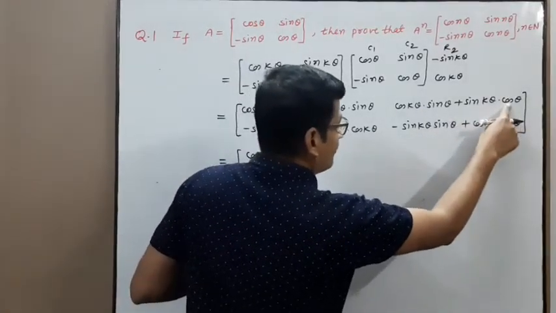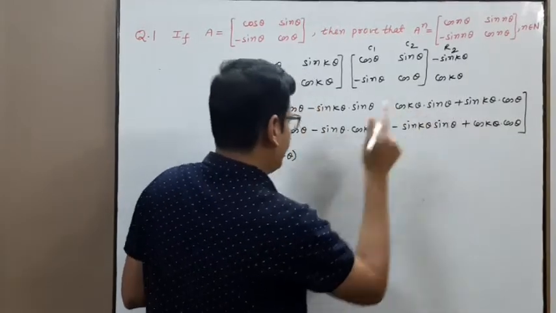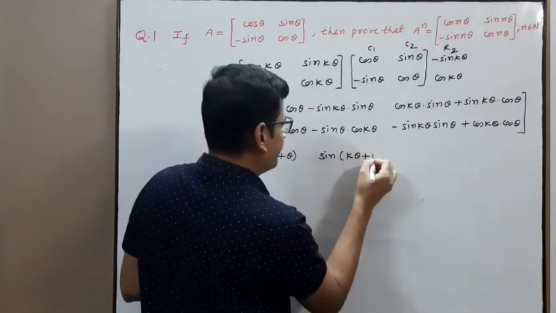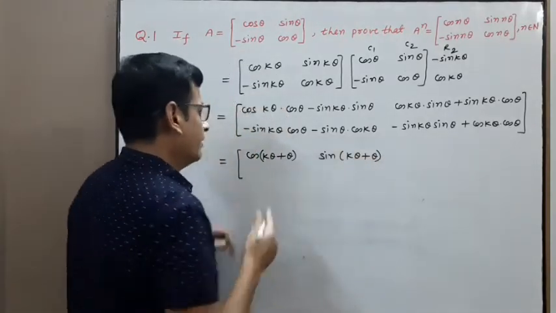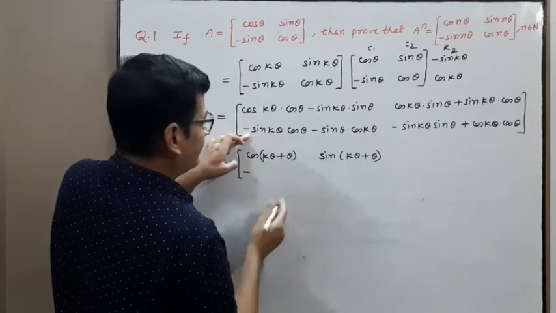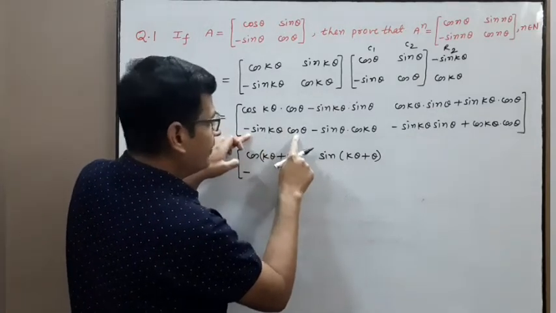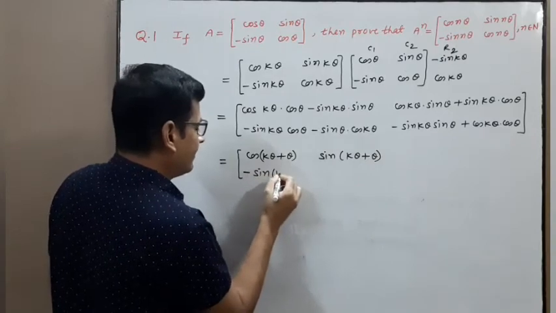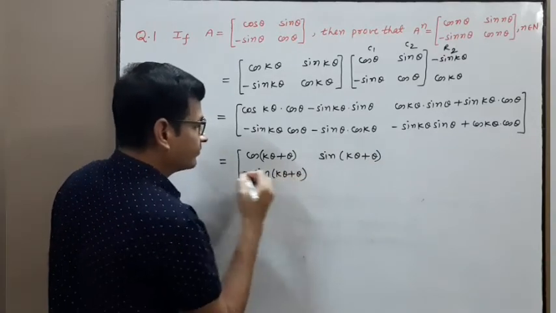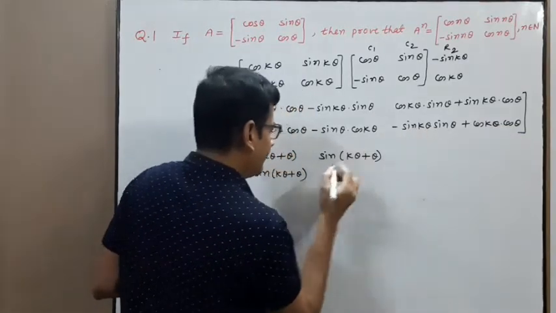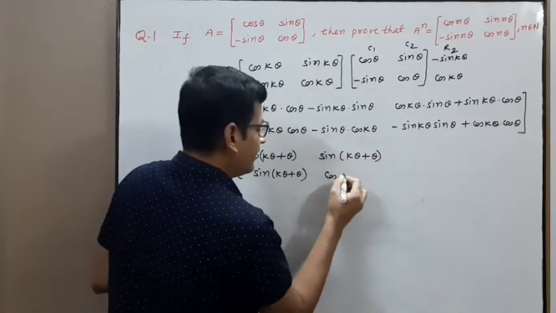Sin a cos b plus cos a sin b is the formula of sin of k theta plus theta. There are two minus signs, so minus sign is common. In the bracket, sin a cos b plus cos a sin b, so again sin a plus b, k theta plus theta. Cos a cos b minus sin a sin b, so cos a plus b.